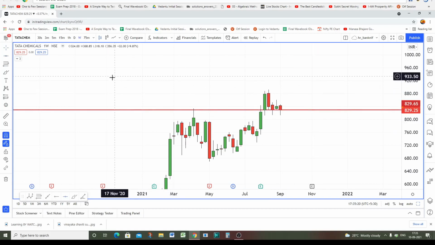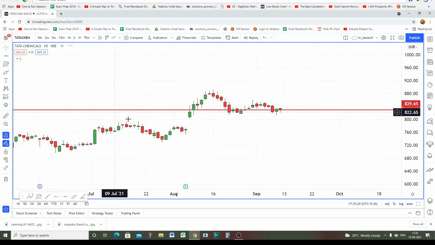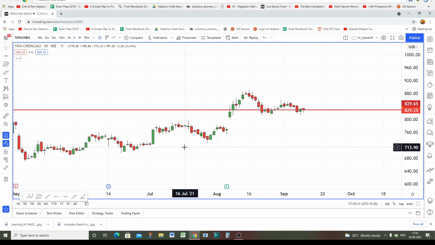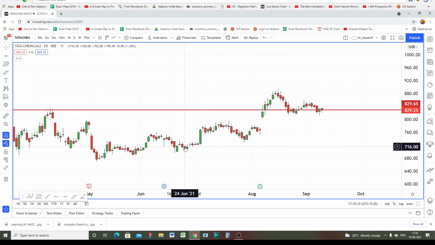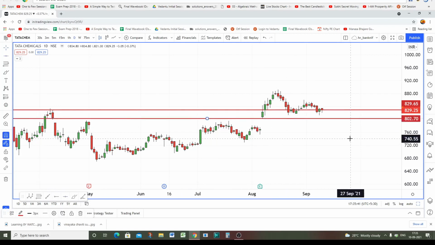Now let me move to a lower time frame, the daily time frame. I am shifting from the weekly time frame to the daily time frame now. Here there is a gap, right? Let me consider one more trend line where this gap has to be considered.